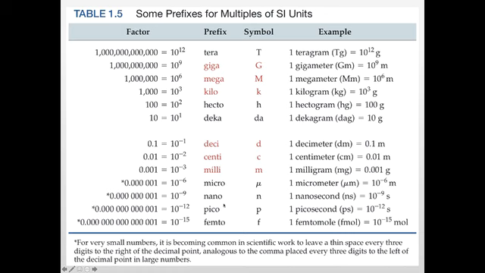And so they get smaller here. Now we're not going to be using all of these units. The ones here that are mentioned in red, these are the ones that are used more frequently, but you need to have a basic understanding of what these different prefixes mean in terms of the power of 10 for them.